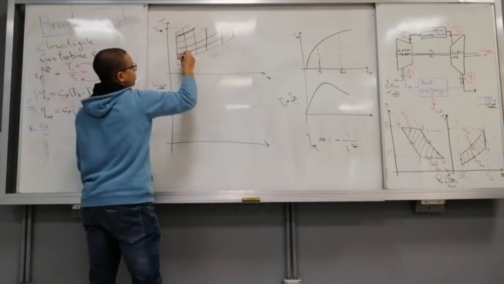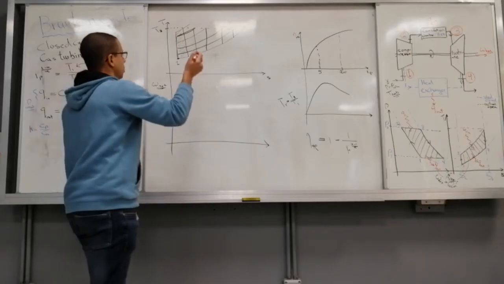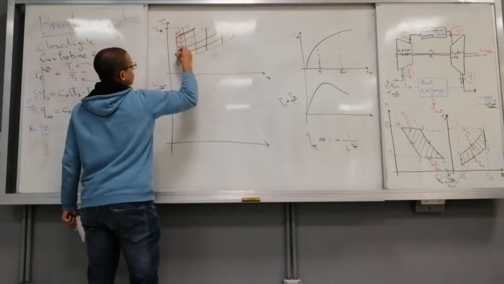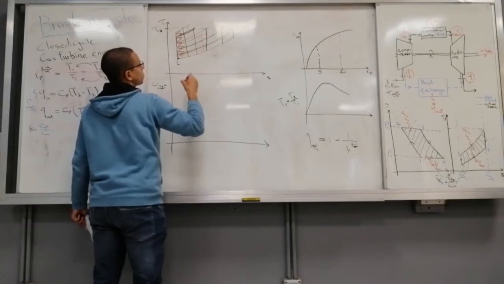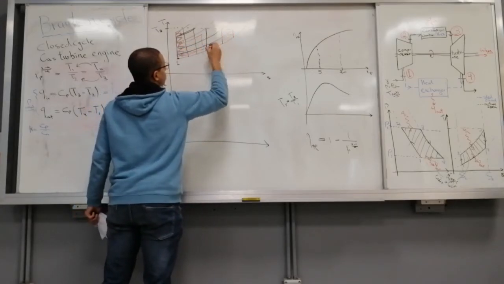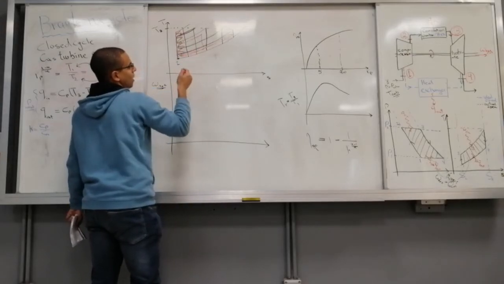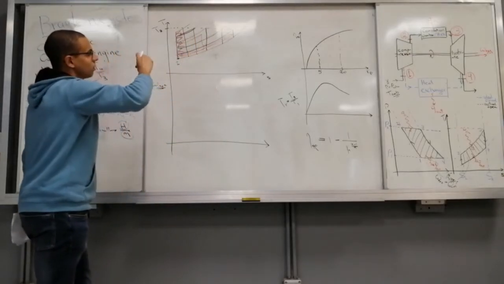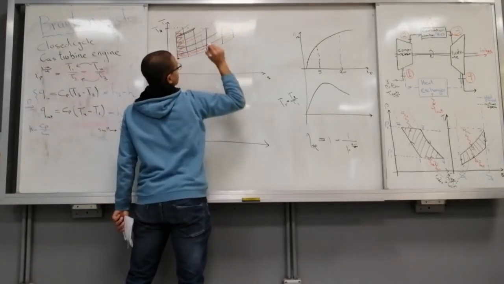This one, let's change the color to be more obvious, is indeed smaller than this one. And this one is also small. Thus, at some point in between, for a certain pressure ratio, and the ratio between these lines is the pressure ratio.